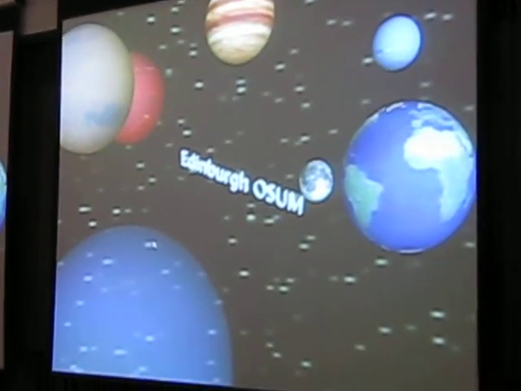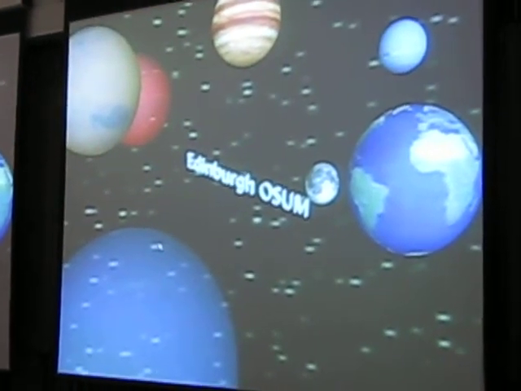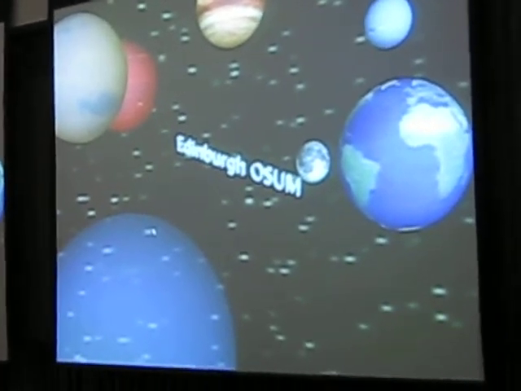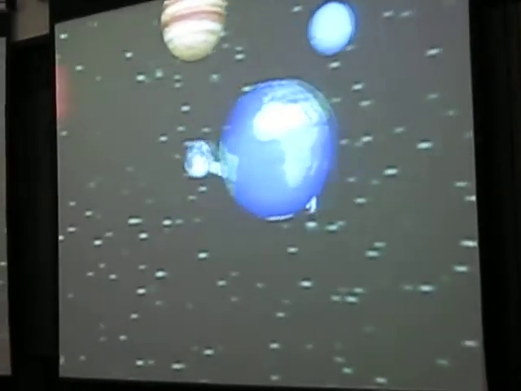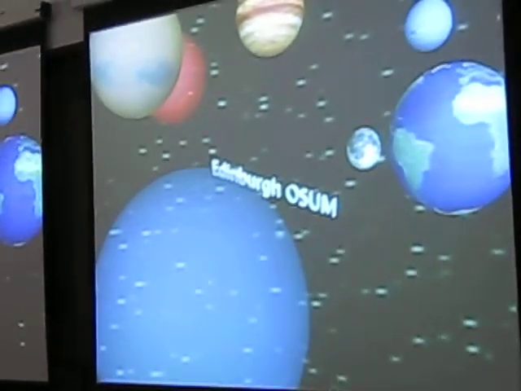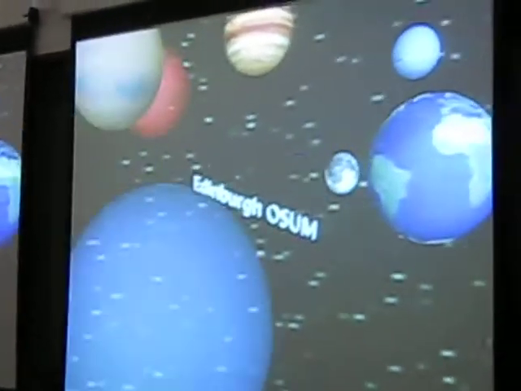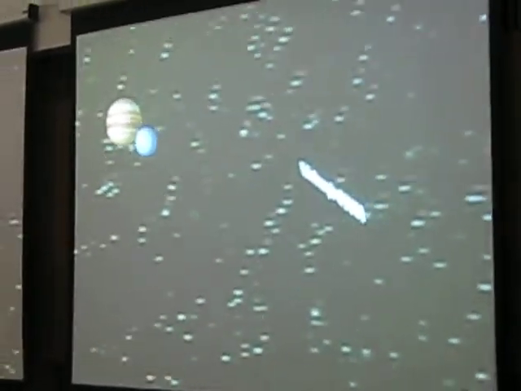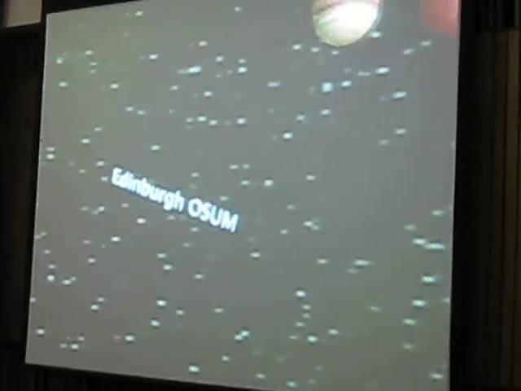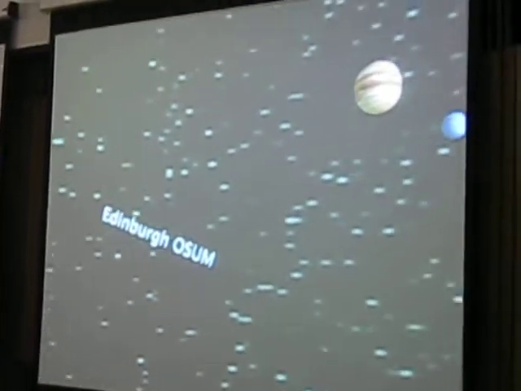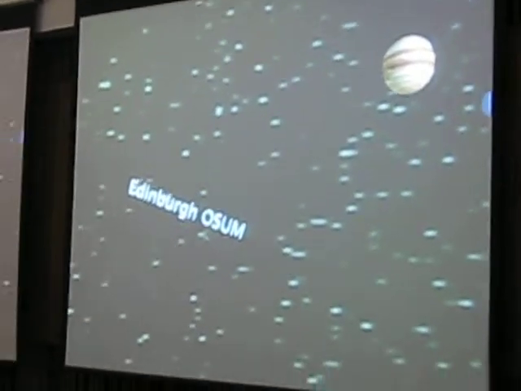Yeah, this is our 3D model. You see some planets flying around, and this is basically, as you probably guessed, a model of our solar system rotating around Edinburgh SunSPOT. Personally, I think it's a good idea. So you see, as Igor tilts his head to the left, the picture goes all the way to the left.